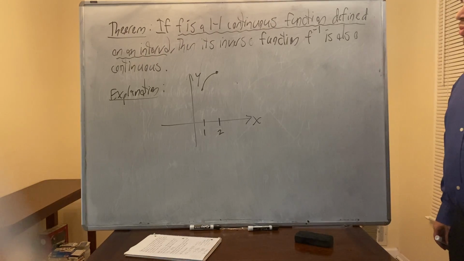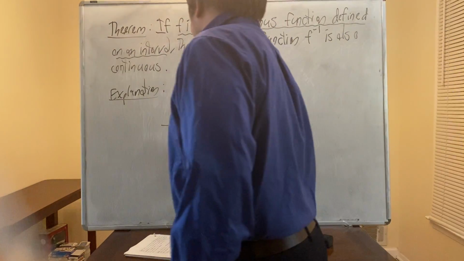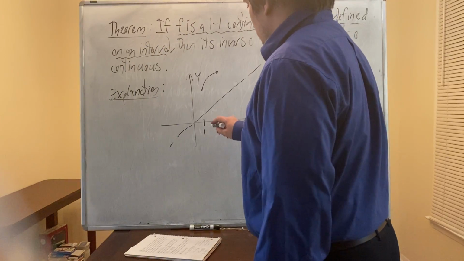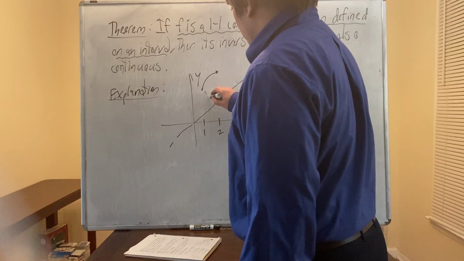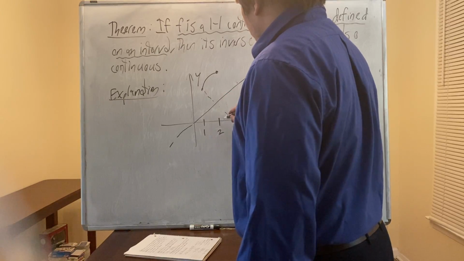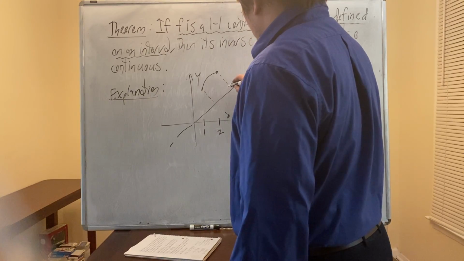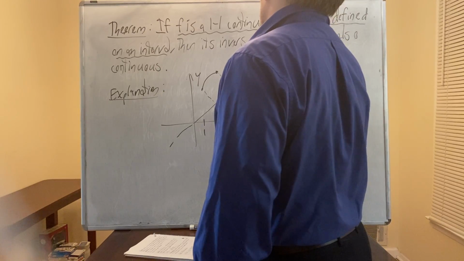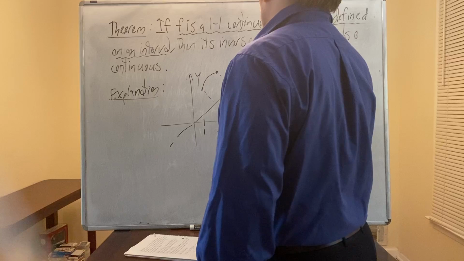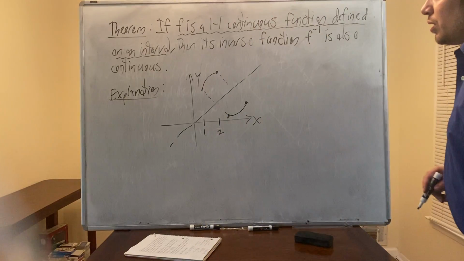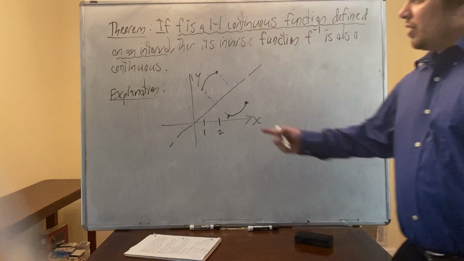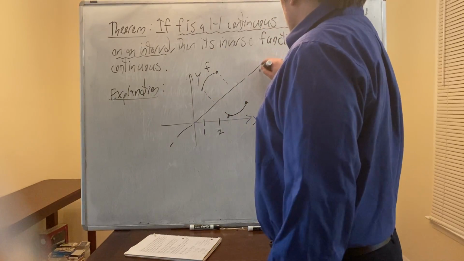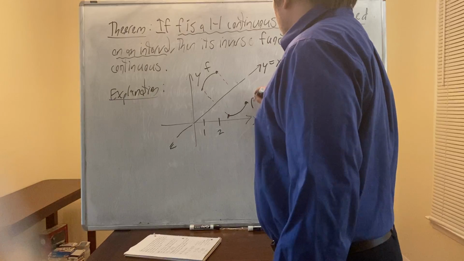Well, let's graph its inverse function. If you graph its inverse function, you're going to reflect this about the line here. Now I made this more difficult to draw. There, okay, that's not bad. So what I did was I reflected the graph of f about the line y equals x, and I got the graph of f inverse.